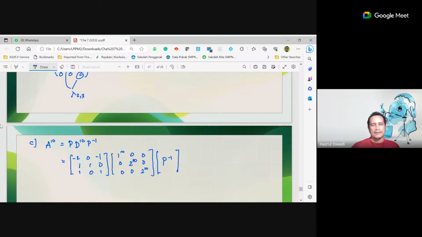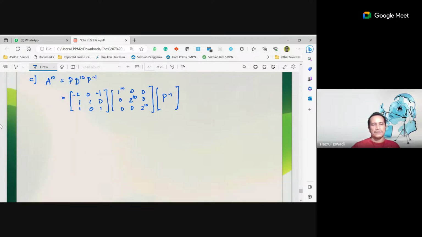We can calculate P inverse by using the Gauss-Jordan method, which gives P inverse.